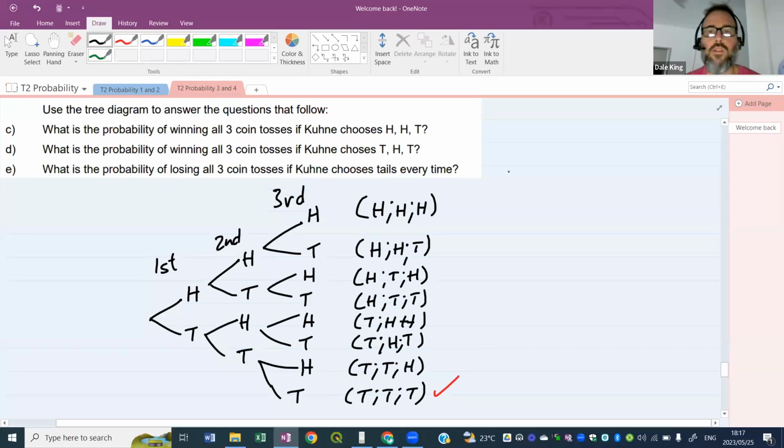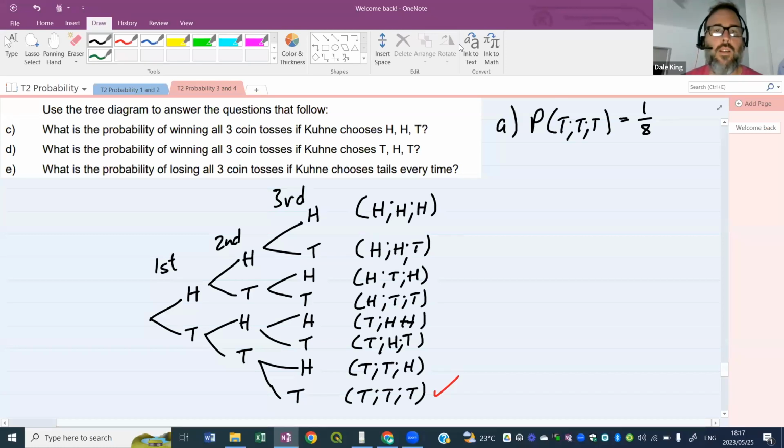What is that probability? Well, let me quickly do this one, and then you guys are going to do the rest. Okay, so for A, the probability of getting tails, then tails, then tails is equal to 1 out of 8, because there are 8 total possible outcomes here.